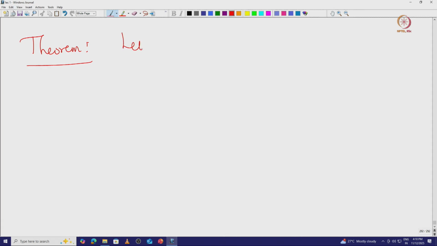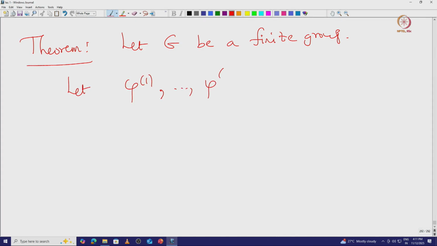So, here is the main theorem. Let G be a finite group, and let us list all the inequivalent irreducible representations.